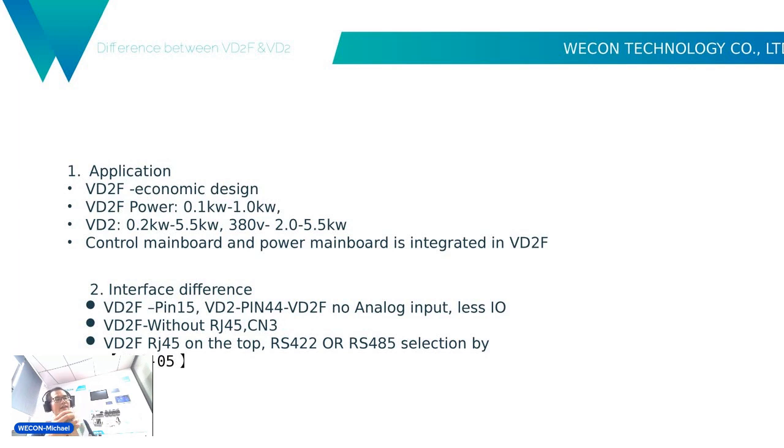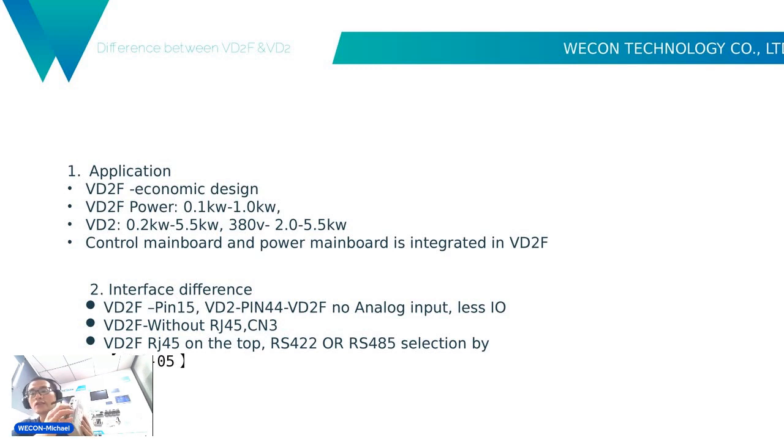The next difference is on the top. For VD2, the RJ45 interface on the top is for RS485 Modbus communication. But for VD2F, you need to set a parameter to choose RS422 or RS485. If you choose RS422, this servo can connect to the PC software.